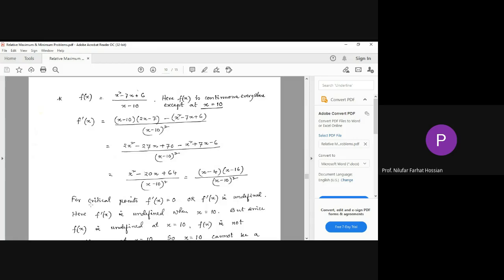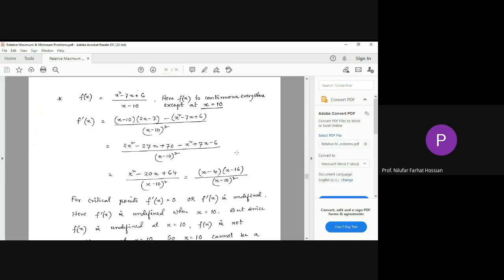The method will be the same whether it is stationary or simply critical, because the classification is only to decide whether the critical points are stationary. That's all. But the remaining steps for finding the relative minimum or maximum do not change.